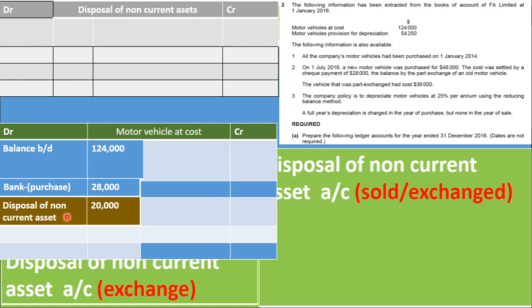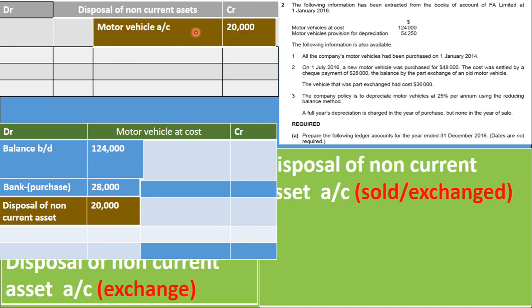According to our dual effect, every debit must have an equal credit, so this obviously has to go to the credit side. So it is going to come here now. See, you write motor vehicle account and put 20,000. It's coming from the journal entry. So make a journal entry for these two. When you make the journal entry for these two, first you read the debit item, motor vehicle account debit, disposal of non-current asset credit. See, this is the same entry. So basically it's coming from this two-combination entry here.